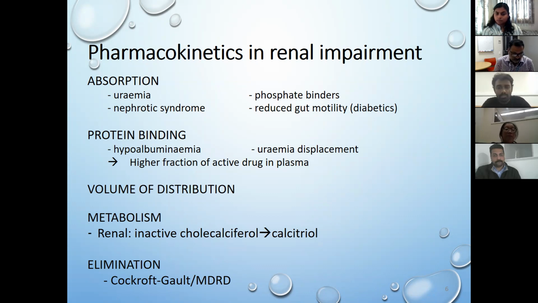So the effect that sometimes happens with medicines is that not only do you have low albumin, but you also have uremic toxins, which are interfering with the binding of the drug to the protein. It's called uremic displacement, and the net effect is possibly a higher fraction of active drug in the plasma.